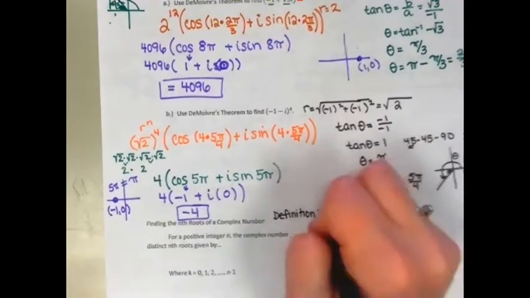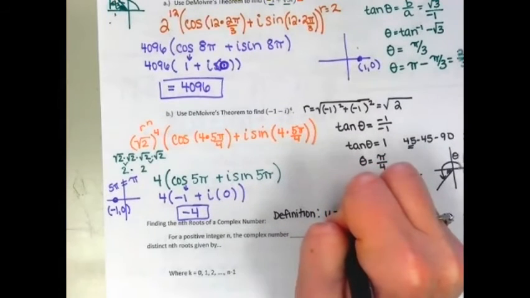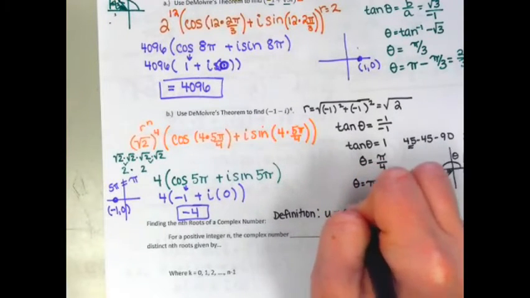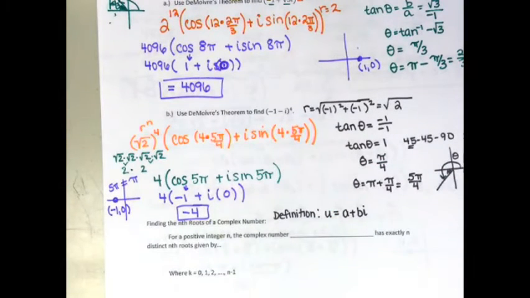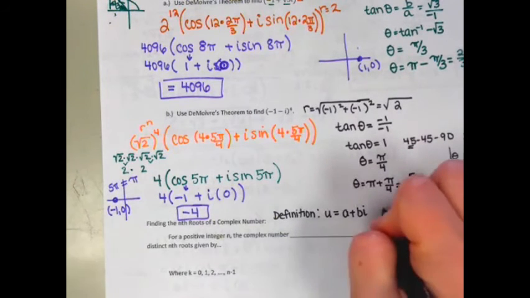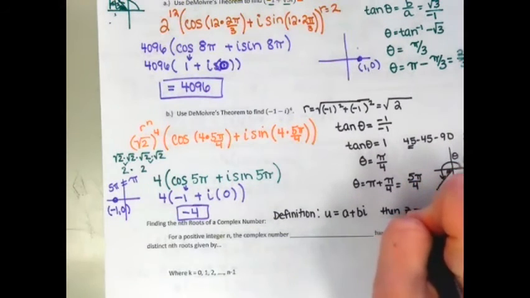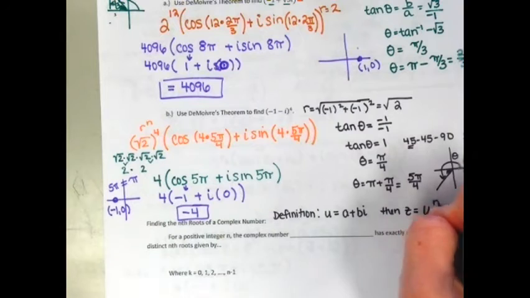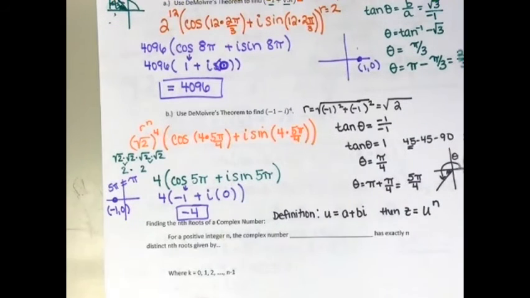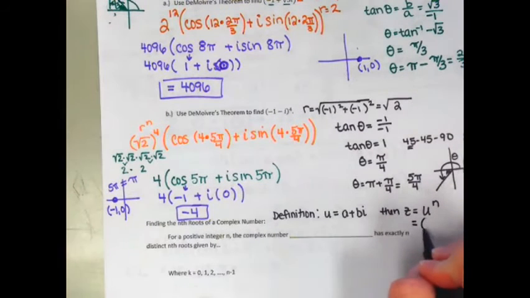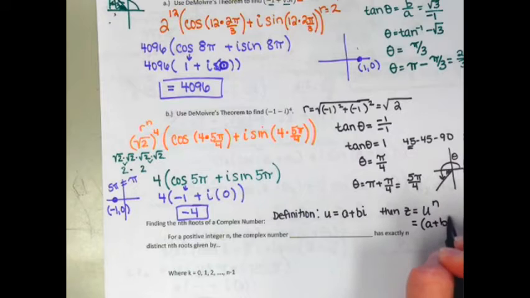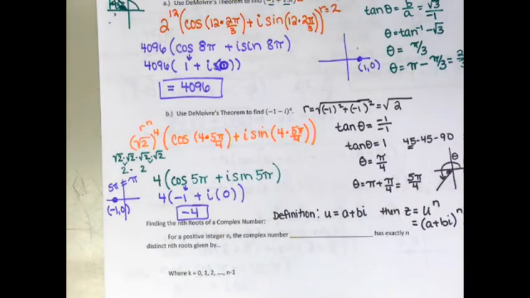So the definition of the nth roots: if u equals a plus bi, then z will equal u to the nth power, which is the same thing as a plus bi to the nth power. So how are we going to actually apply all of that?